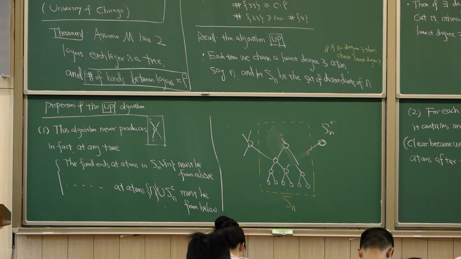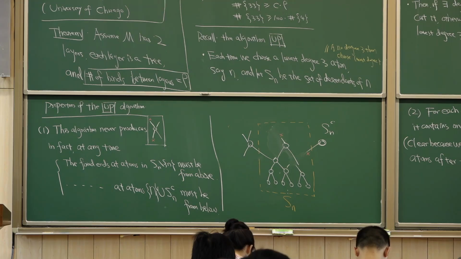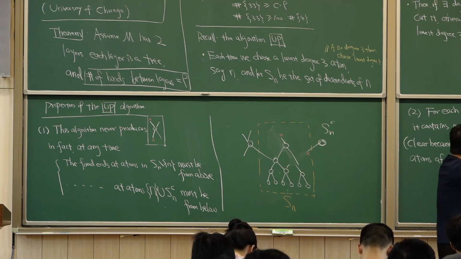So let lambda be the number of atoms in the lower layer. We call this M_D. Let me just name this lower layer the down layer. Basically, there are 2 layers, one up and one down.